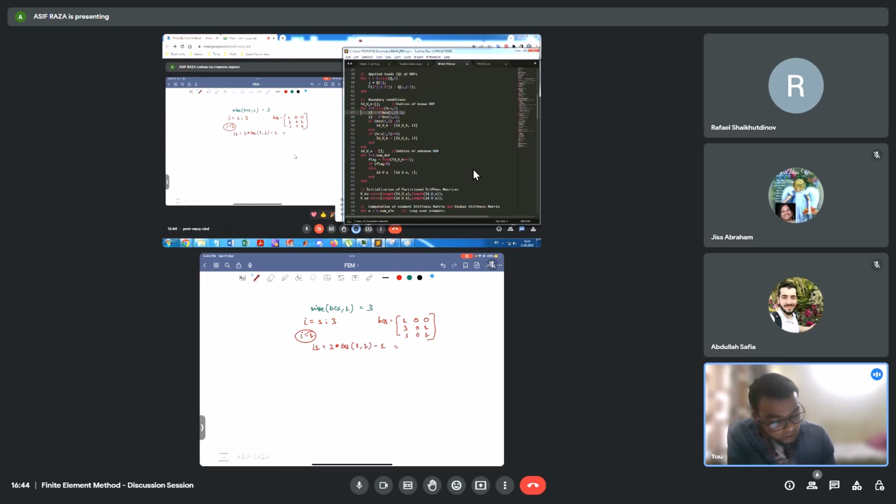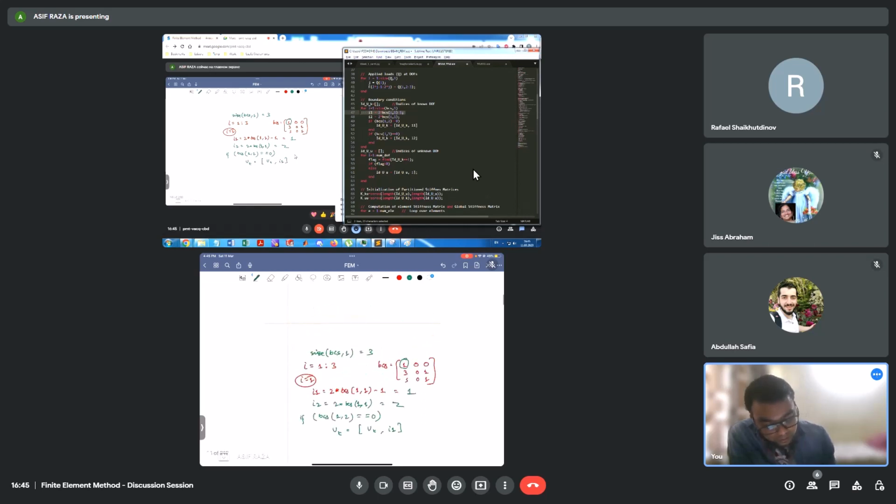That will be what? 1 comma 1 is this one, 1. So 2 ones are 2, and this will give me 1. I2 will be 2 times boundary condition of 1 comma 1, which will give me 2. The statement says if boundary condition 1 comma 2 is not equal to 0, then you just write UK comma I1.